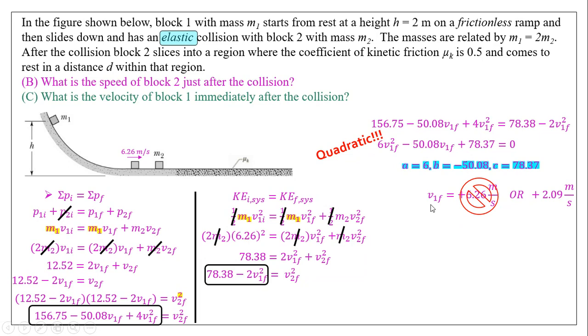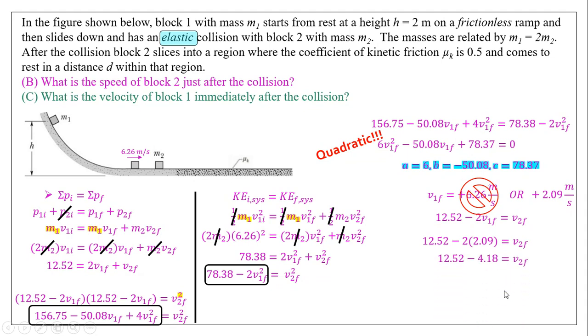However, part B asks for the speed of block 2. So I'm not done yet. Now that I have V1F, I can just do this. Earlier, in using conservation of momentum, I have a statement for V2F by itself. Well, I just found V1F, so I can just use the statement and plug in values. So it'll be 12.52 minus 2, but I just found V1F to be a positive 2.09, so I'm just going to substitute that in.